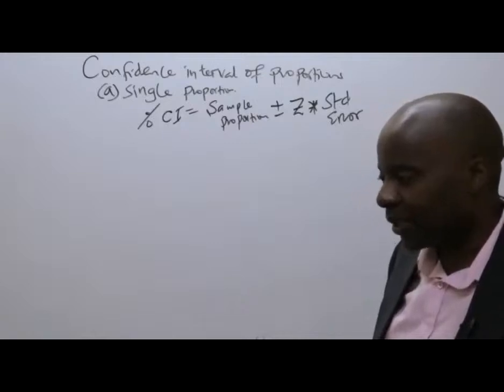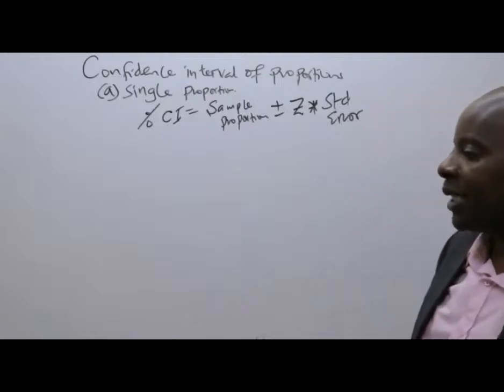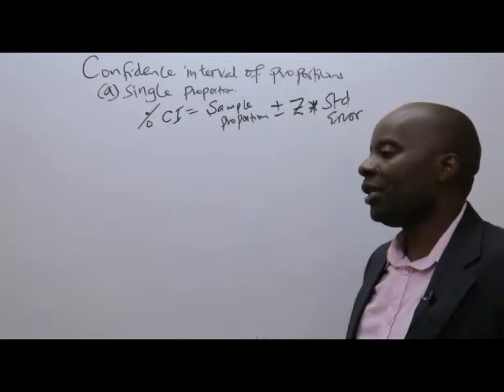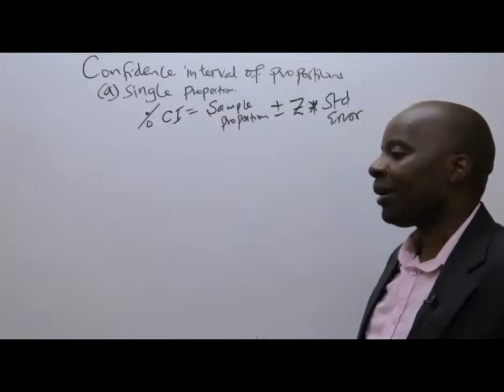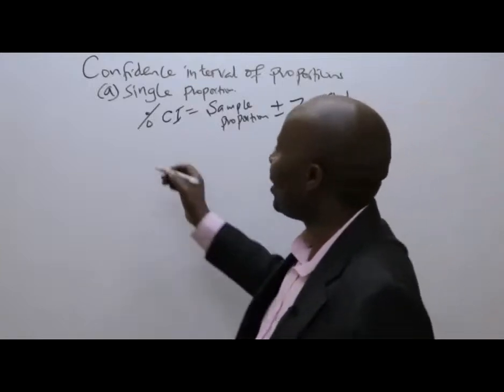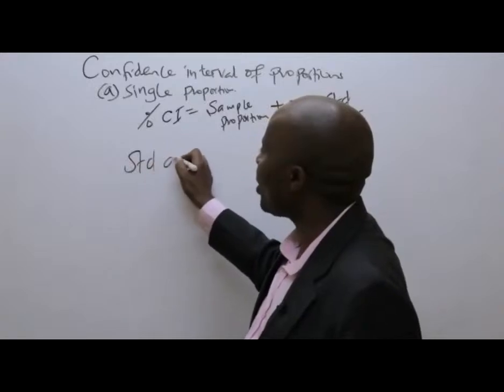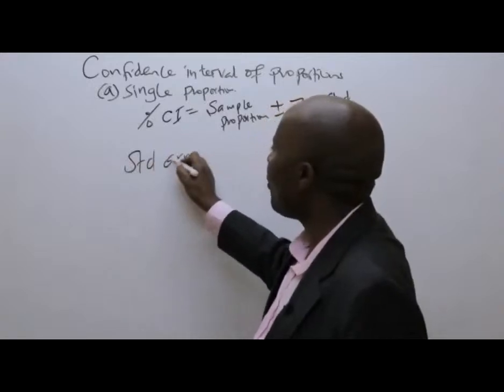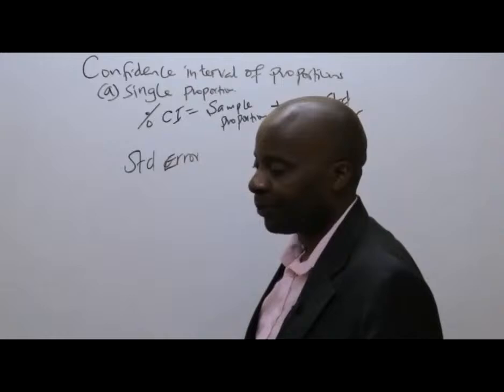Yes, we have answered that. So the percentage confidence interval equals the sample proportion plus or minus Z times the standard error. But now how do we get, ladies and gentlemen, the standard error in situations where we have proportions?